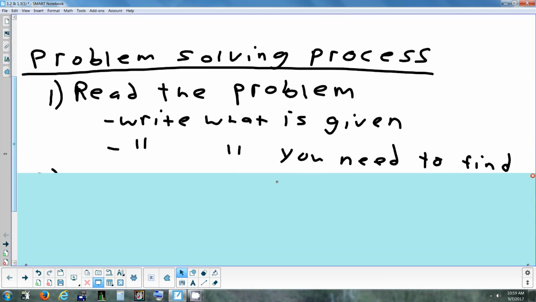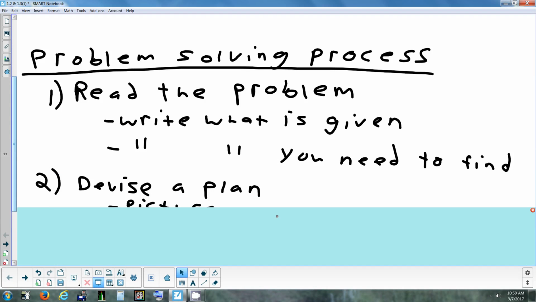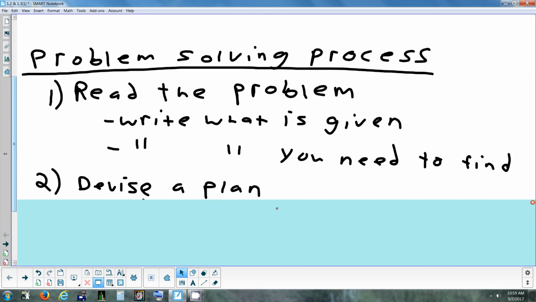After you figure out the information that's been given and what you need to find, then you want to figure out what approach you want to take to solve the problem. So if you were solving a problem where a person is standing 200 feet away from a building, the building is 100 feet tall, and I want to know the angle from the ground where the person is standing to the top of the building, what would be a good approach?